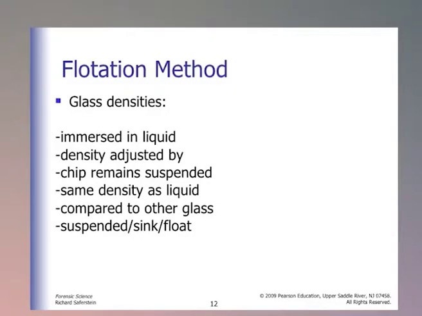Now, there are different methods for density measurements. The glass fragments under criminal investigations are very small, and so the density of such fragments can be determined either by the flotation method or by the density gradient method. Both methods are based on the fact that the glass fragments will float in a liquid medium having density greater than that of the fragments, while they will sink in a liquid medium having density lesser than the fragments, but they remain suspended in a liquid whose density is the same as that of the fragments.